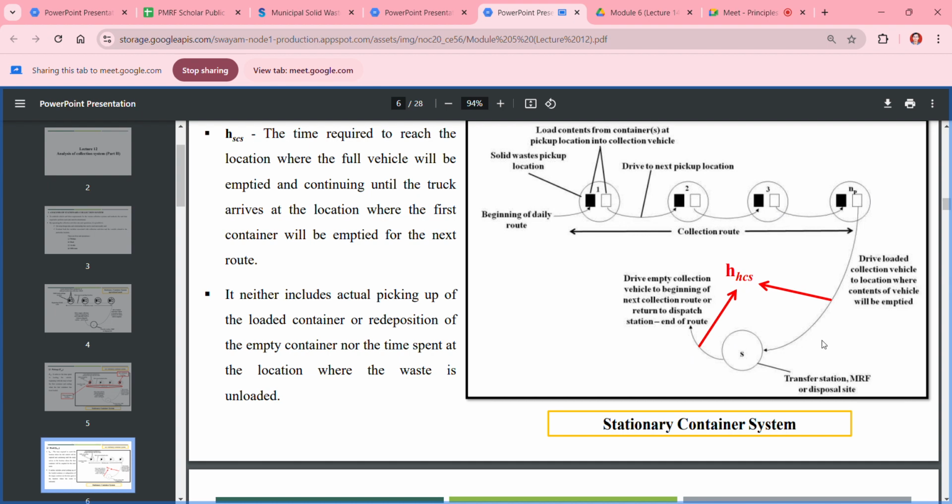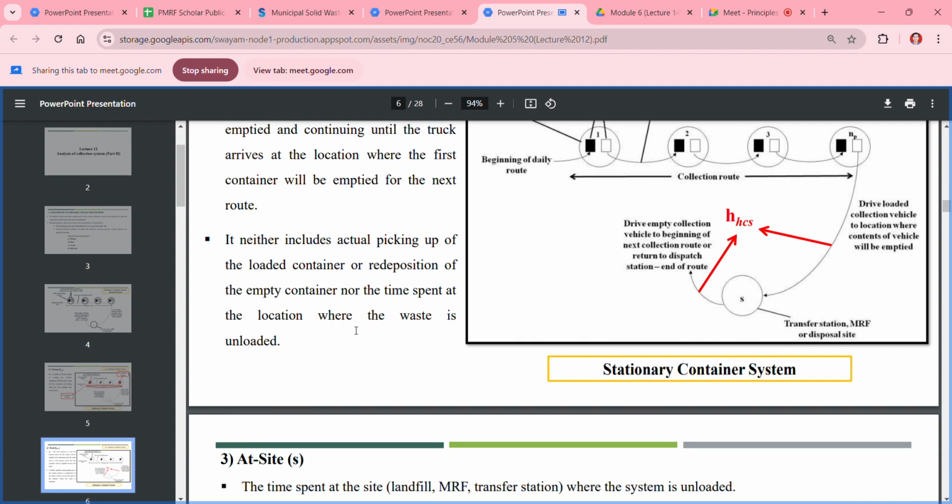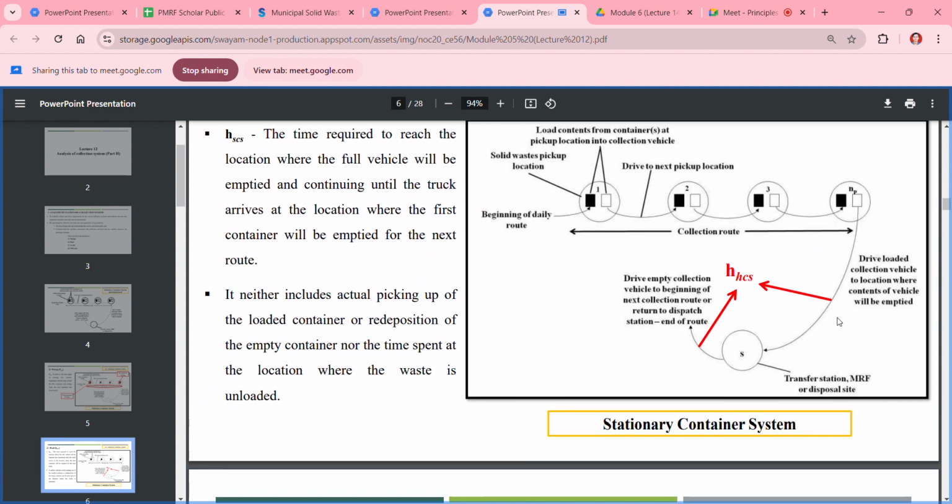You are driving the loaded collection vehicle to the location where the contents will be emptied, that is a transfer station, MRF or disposal site, and from that disposal site you are driving your empty vehicle back to the collection point where you will start your next collection. That is known as haul time.